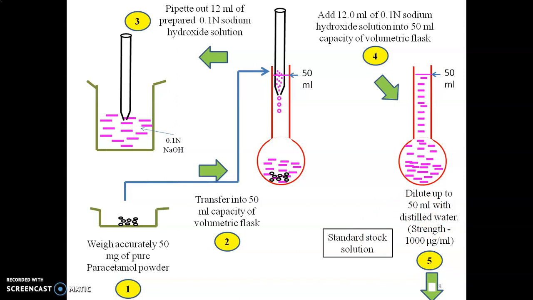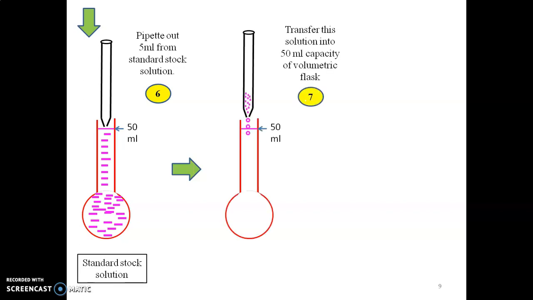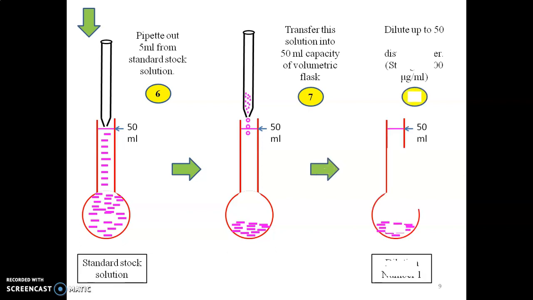For the preparation of dilution number 1, pipette out 5 ml from the standard stock solution and transfer it into another 50 ml volumetric flask, and then dilute up to 50 ml with distilled water. When you calculate the strength, you will get a 100 microgram per ml solution. So this is dilution number 1.